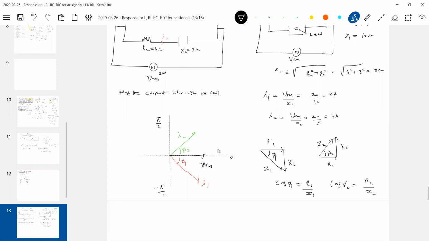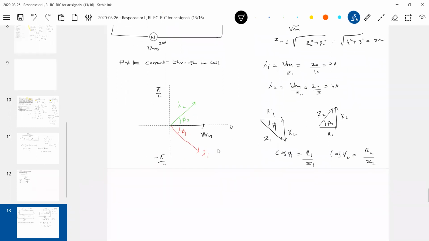I got cos phi 1. Now what is the resultant current? The total current through the cell should be the root of I1 square plus I2 square plus 2 I1 I2 cos of the angle between them. Vector addition.